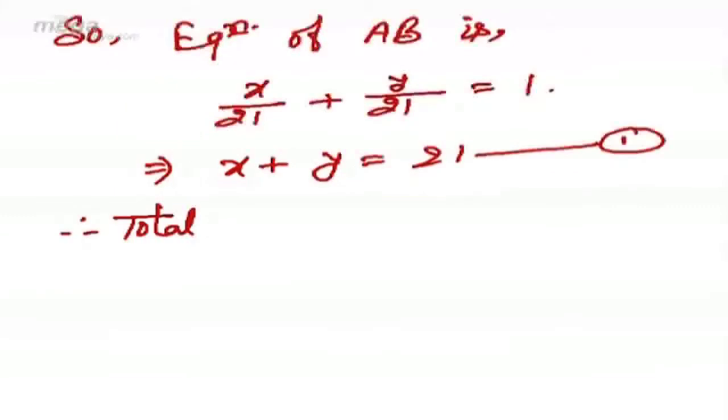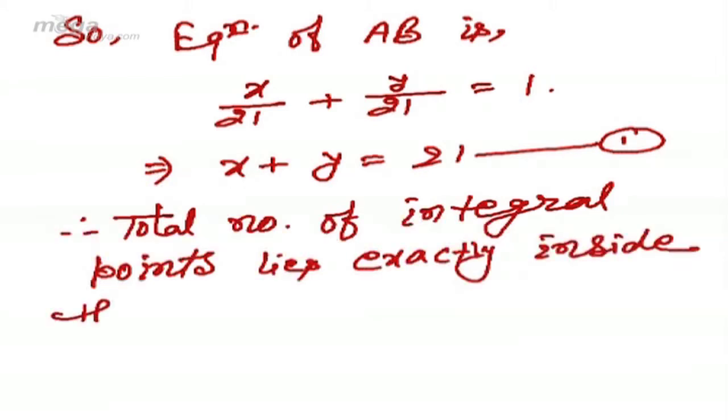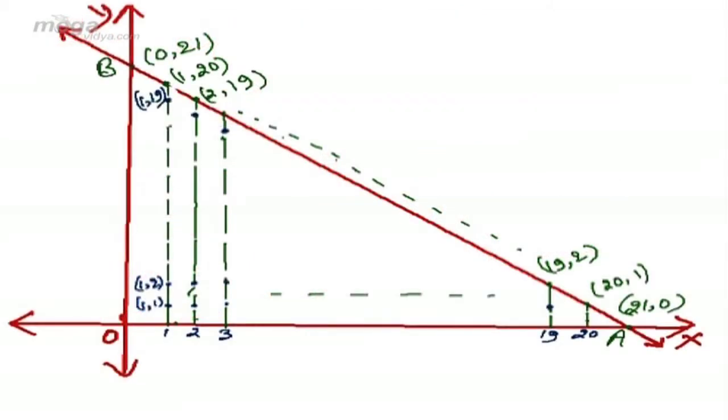So the total number of integral points lying exactly inside the triangle AOB is: from the first line you will get 19 points, from the second line 18 points, from the third 17 points.